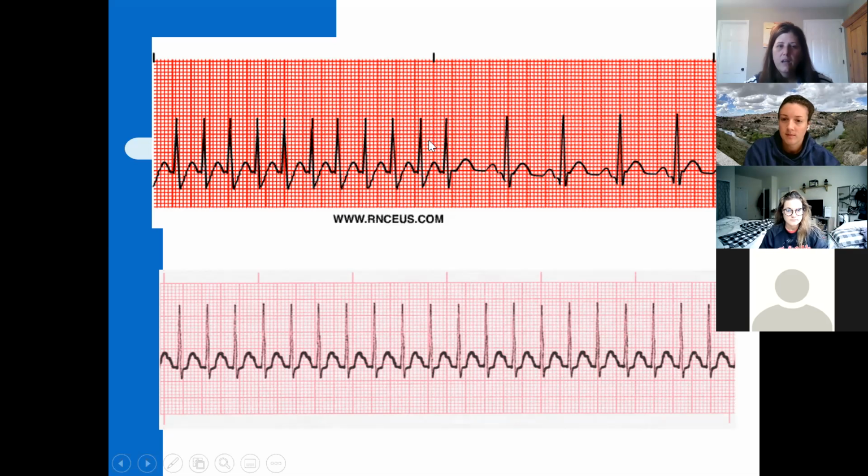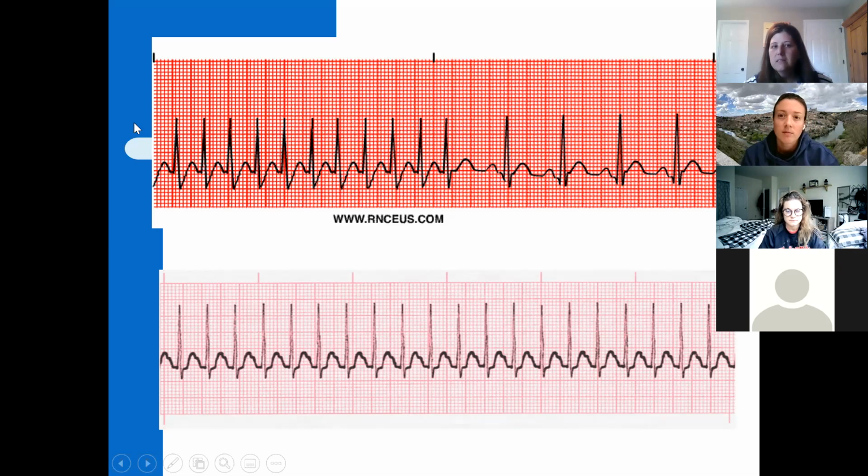Let's just say 10 in 3 seconds. So if this was sustained, we could assume the next 3 seconds would also be 10. So 20, times 6, it's going to be 120.